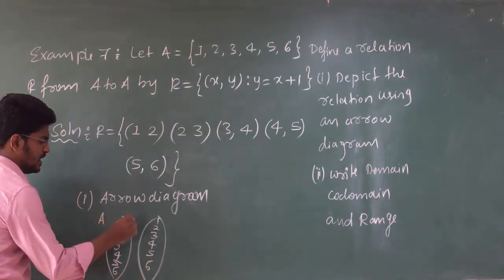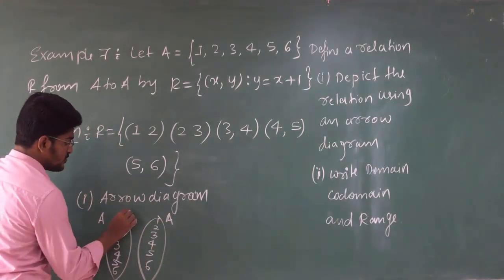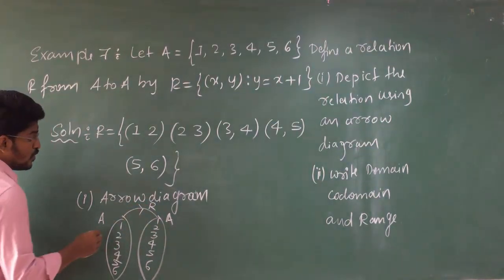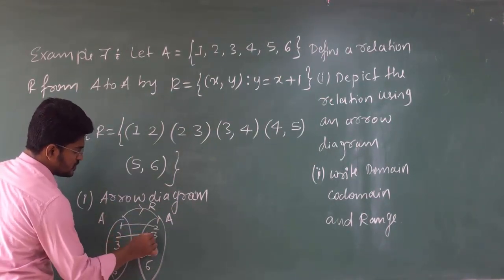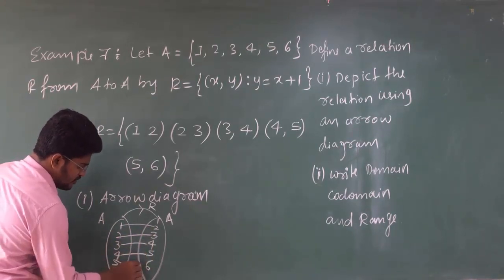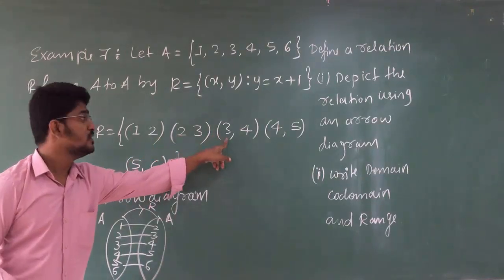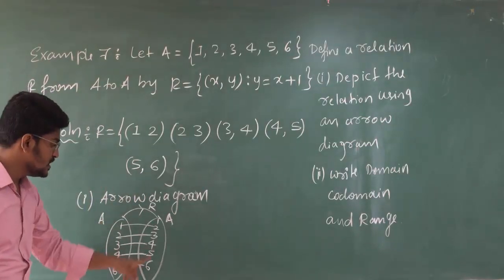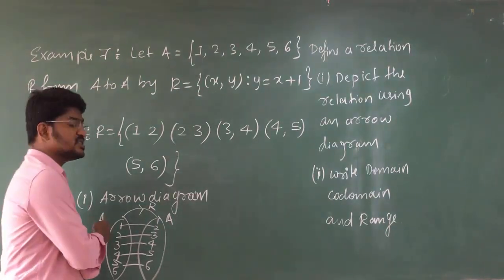This is set A and this is also set A because there is only one set A. This is from set A to A. This is R. 1 maps to 2, 2 maps to 3, 3 maps to 4, 4 maps to 5, 5 maps to 6. So this is your arrow diagram. Now the first element is over.